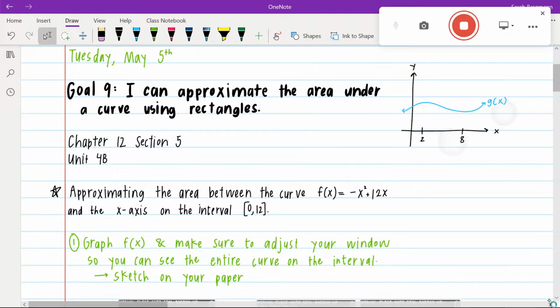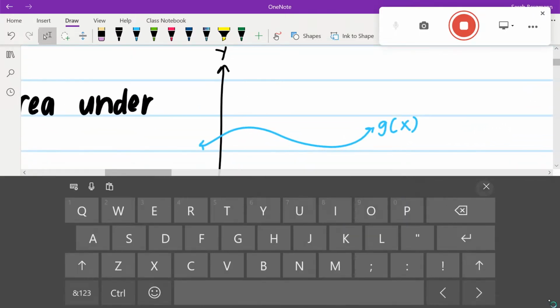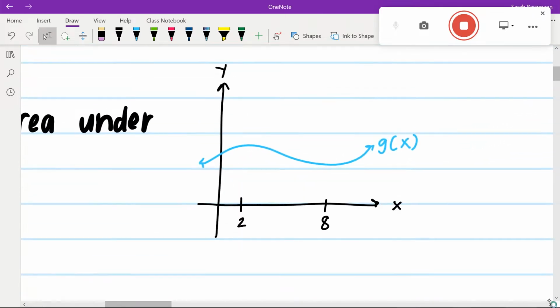I told you that one of the most common questions in calculus is approximating area under a curve. So eventually we will be able to have a problem like this, and they will say approximate the area under the curve of g of x between the interval 2 to 8. So what that means is we need to figure out the area of this shape here.